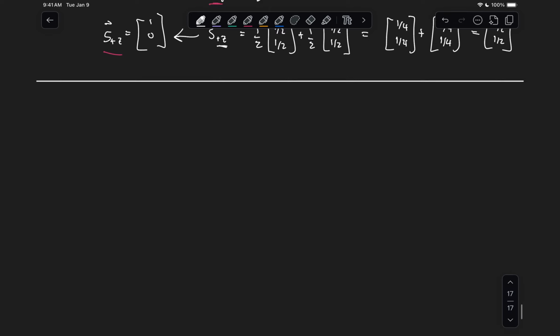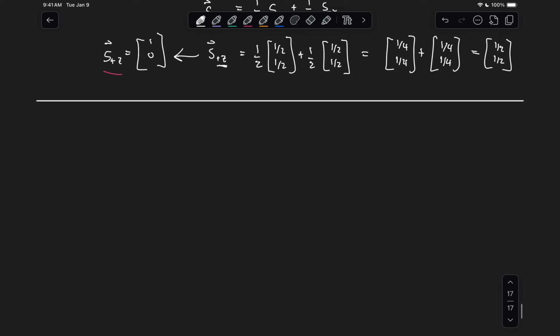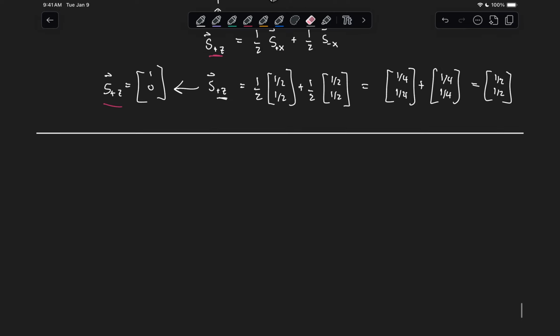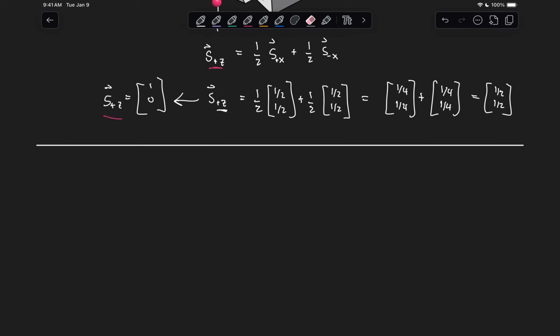Clearly, this model of using probabilities to explain the behavior of the spin of electrons doesn't work. And this problem mainly stems from the fact that we need to find an expression that, when we add the vectors that describe spin in the plus x direction and minus x direction, can help us recover the expression for the spin in the plus z direction.